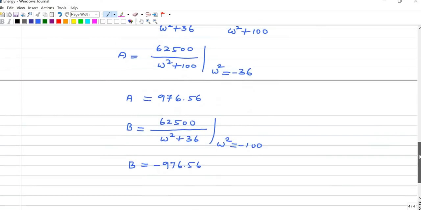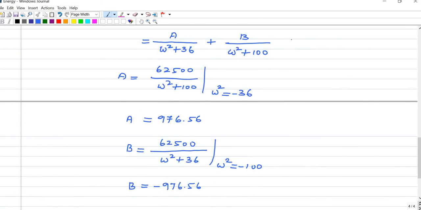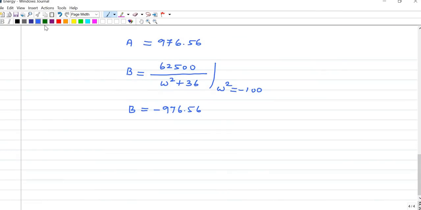So I will substitute everything here. A value 976.56 divided by omega square plus 36. B value minus 976.56 divided by omega square plus 100. So we are going to calculate the energy of the output signal.